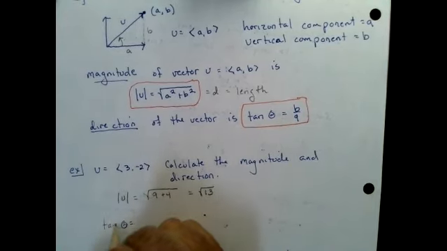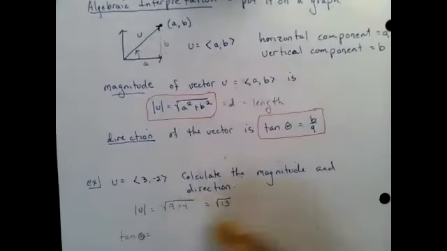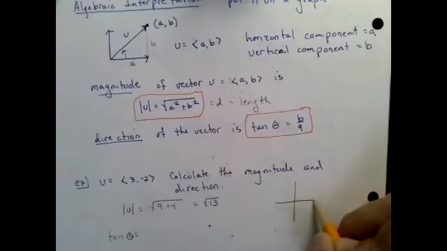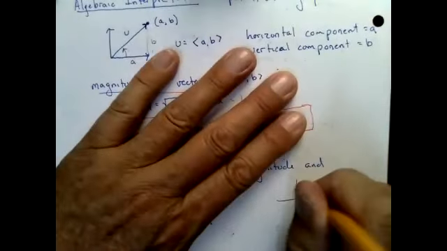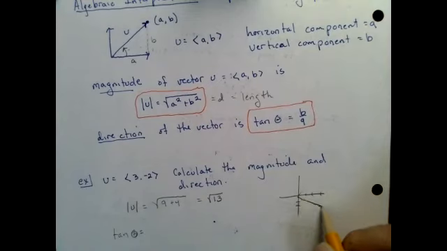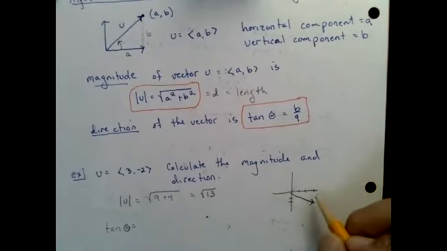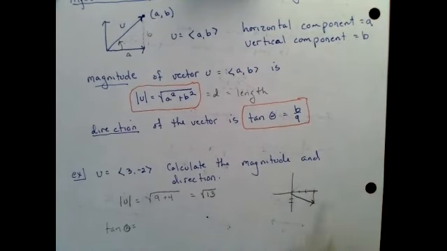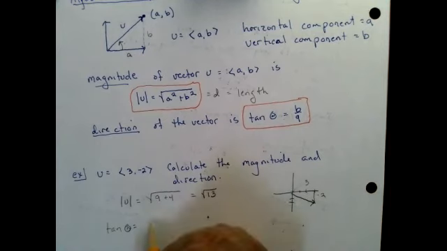Tangent of theta equals opposite over adjacent. So if I drew this, my vector would be, oh, going the wrong way. It would be 3, -2. So it's to there. So I am in the fourth quadrant. This is 3, this is -2. The tangent is -2 over 3.